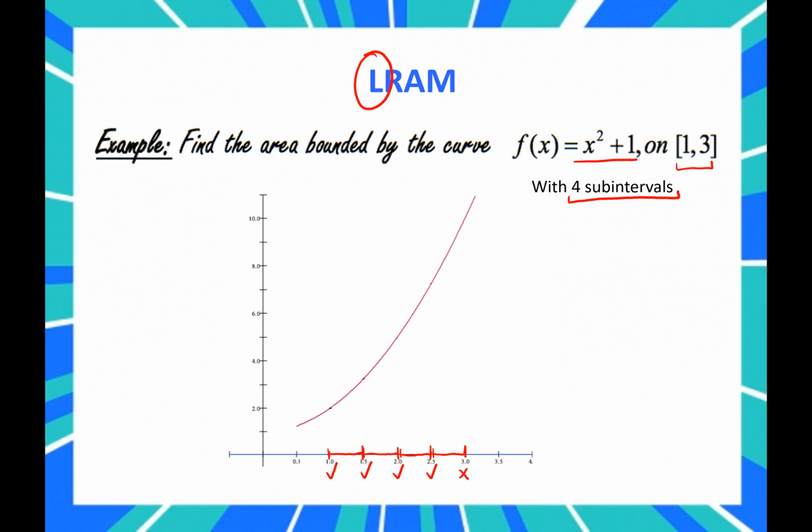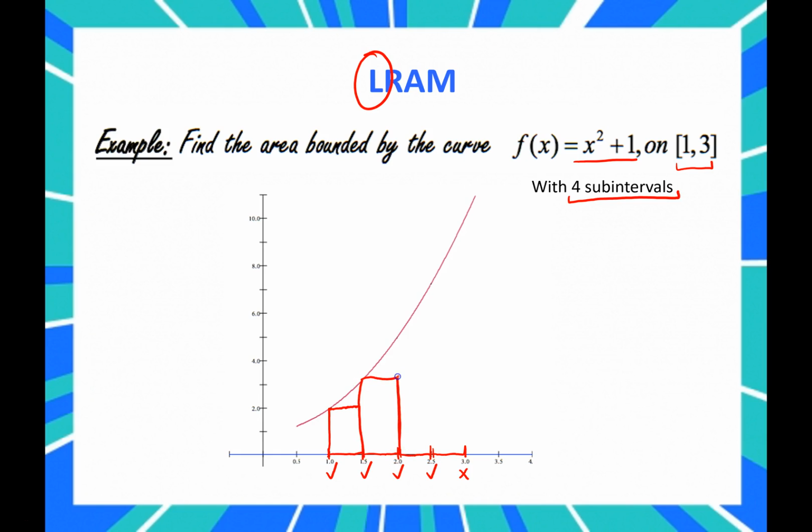And what do I mean by that? Well, I go to my 1.0 and I draw a line straight up until it hits the curve. That will be my height. And then I'm going to go right over. Same thing with 1.5. I'm going to go straight up from that line until I hit the curve. And then I'm going to go straight over.